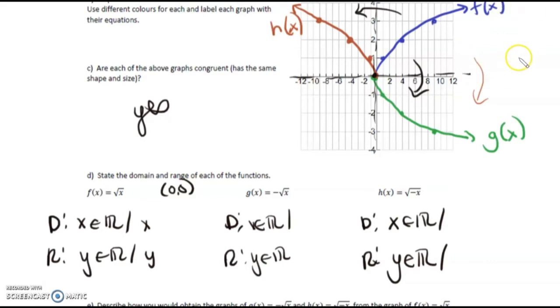The blue one is going positive x and positive y. So for the original, x is greater than or equal to 0, y is greater than or equal to 0, and that's it. Now when we consider the green function, g at x, the x values are still going to the right, but now the y values are going down.